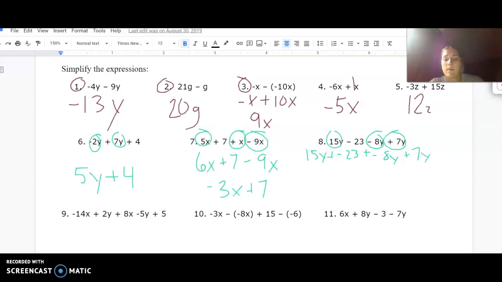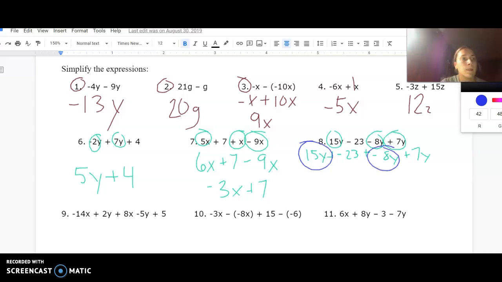That helps me with separating each part of the expression so that it's easier to add or subtract them. So I see my 15y plus my negative 8y, that plus my 7y. When I combine those, 15 minus 8 gives me 7, plus 7 is 14y minus 23. So that's number 8 for you.